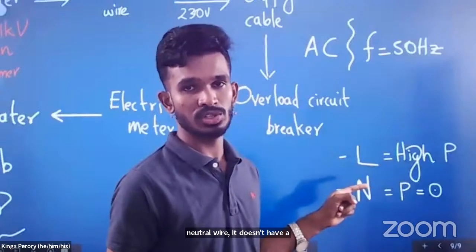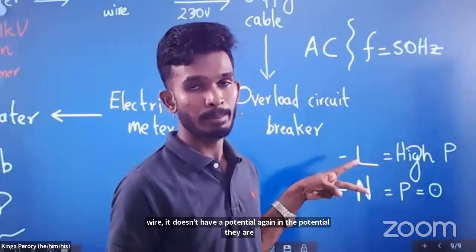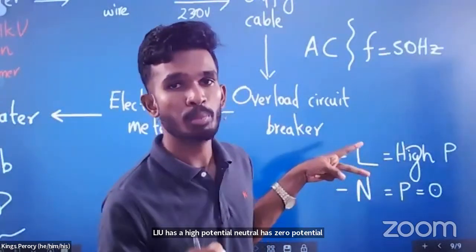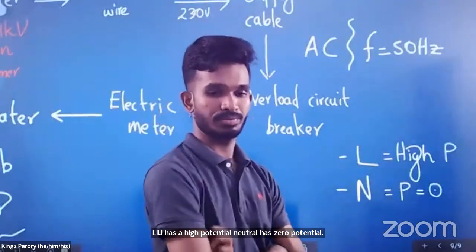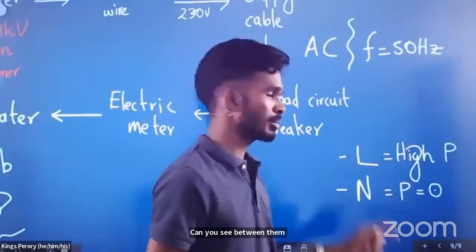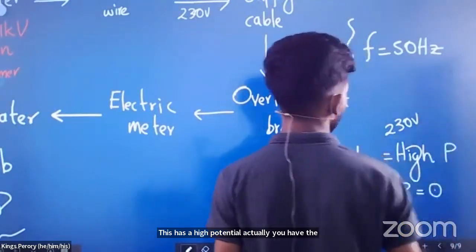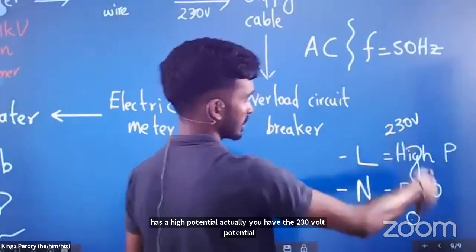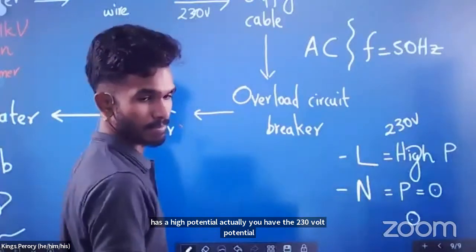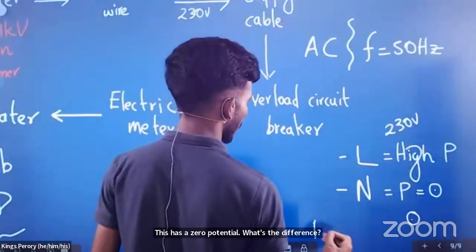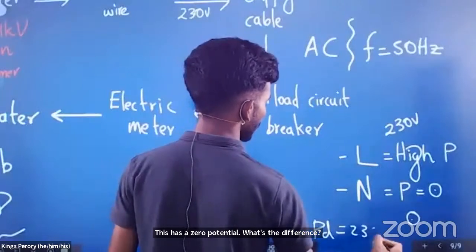Neutral has 0 potential. Can you see between them there is a potential difference? Yes. Live has the 230 volt potential. This has a 0 potential. What's the difference? 230 volt. So the potential difference is 230 volt.